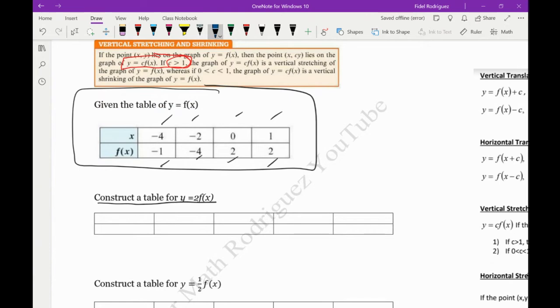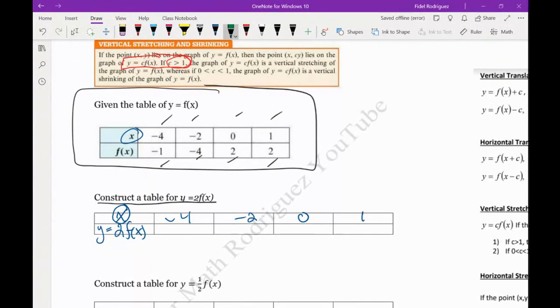So first thing I'm going to do is I'm going to say, look, this is x, and this here is y equals 2 times f of x. Okay? Since this value here is the same as that right there, that tells me that my x values are not going to change. They're going to stay exactly the way they are. So I'm going to leave this as a -4, a -2, a 0, and a 1. Okay, those numbers are going to stay exactly as they are.